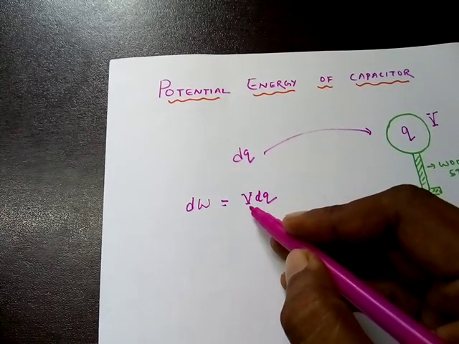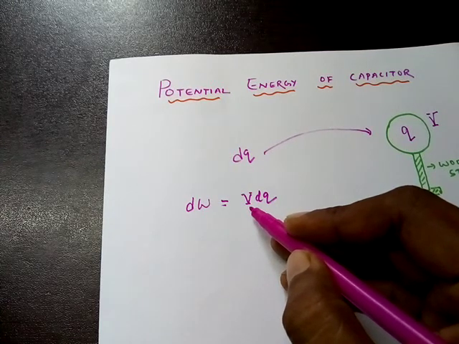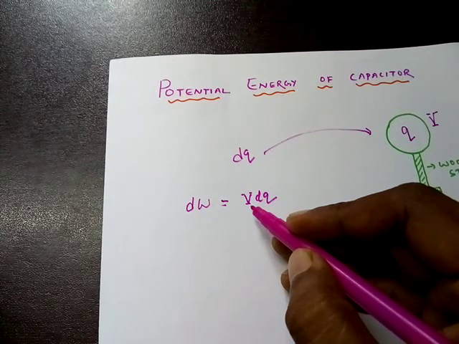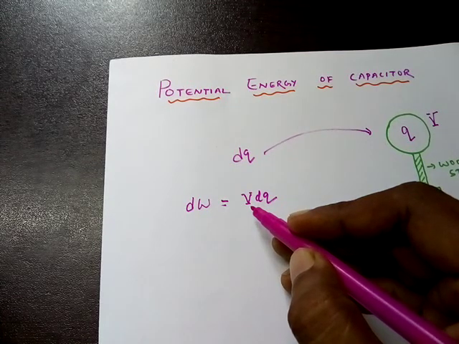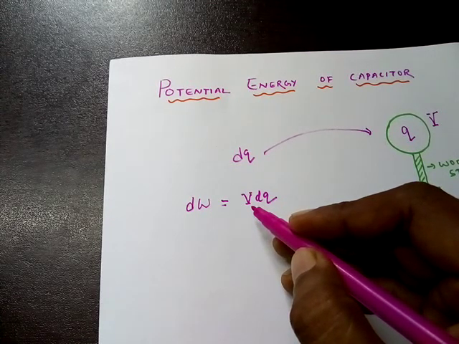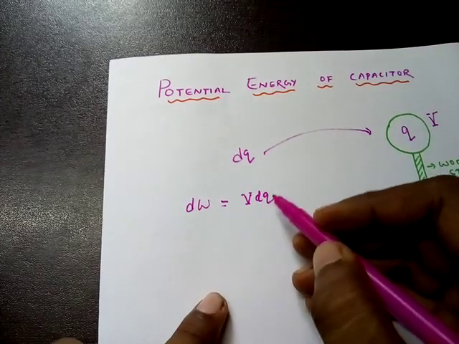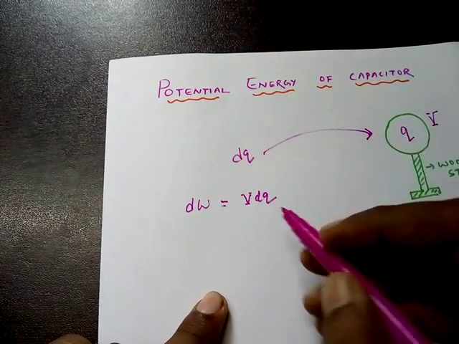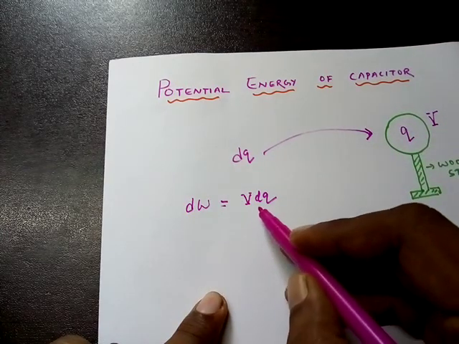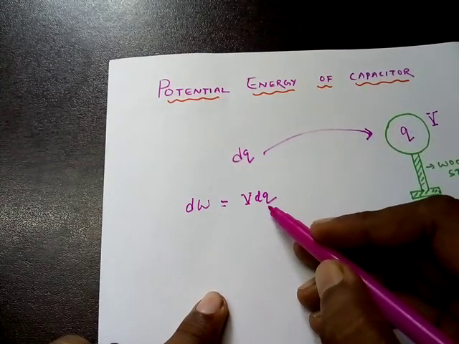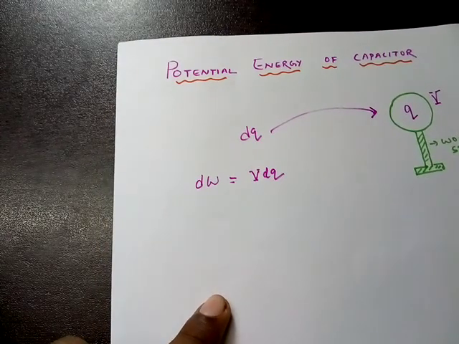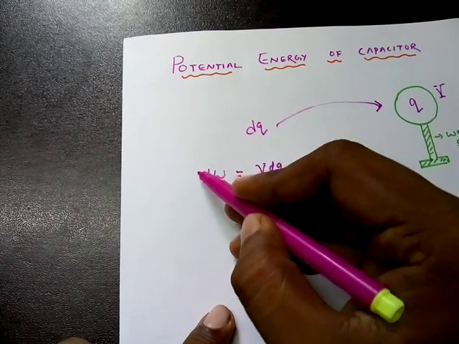V is the potential, and the definition of v is the work done to carry a unit positive charge from one point to the point concerned. So if I am taking a charge dq, the work done will be the product of v with dq. To find the total work done, I have to integrate over it.